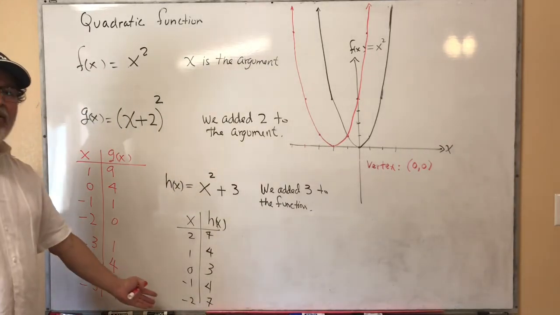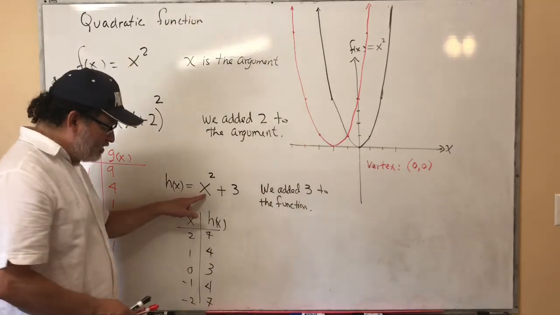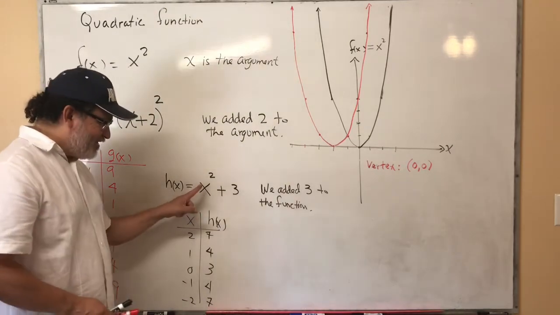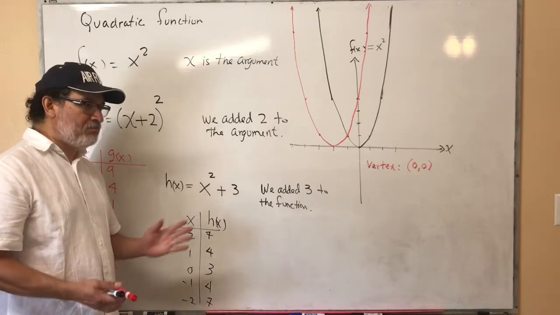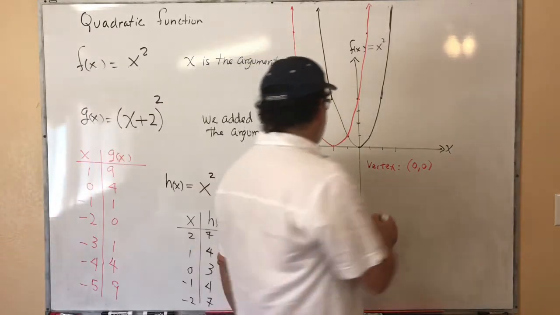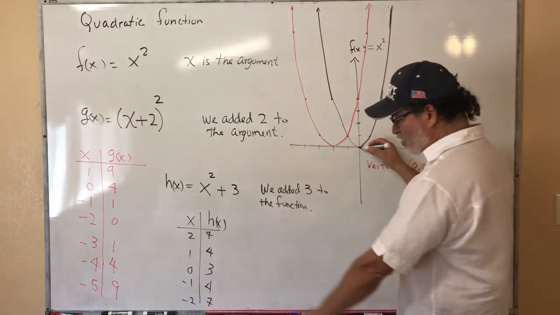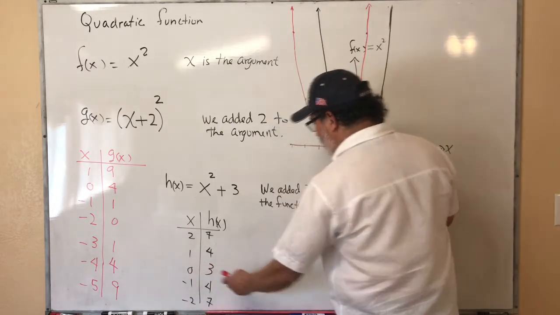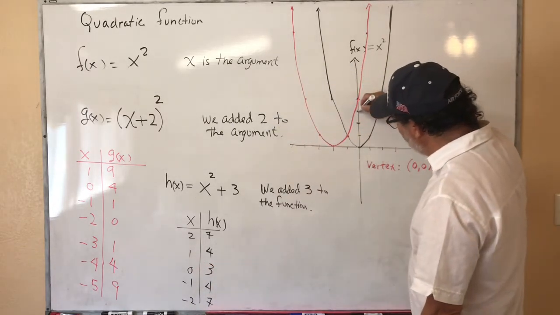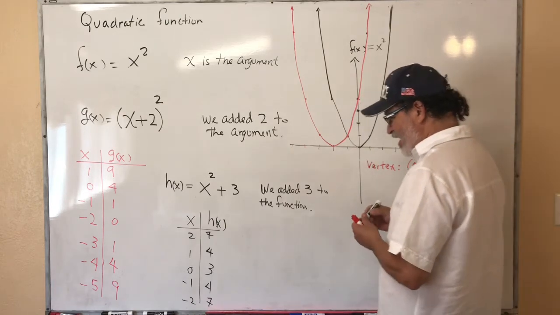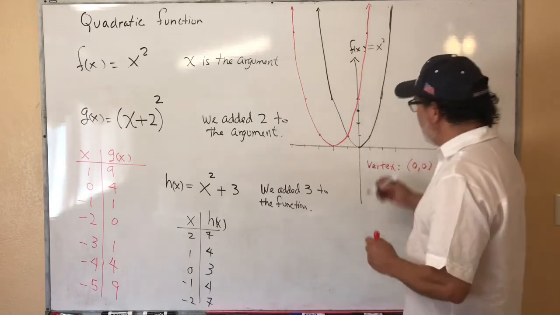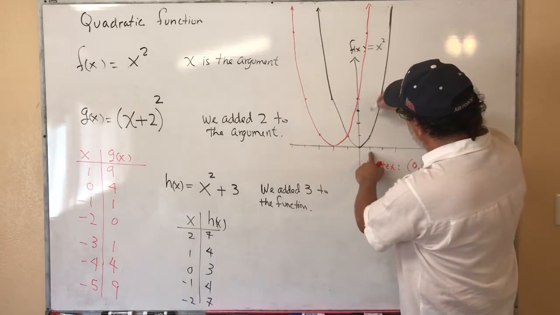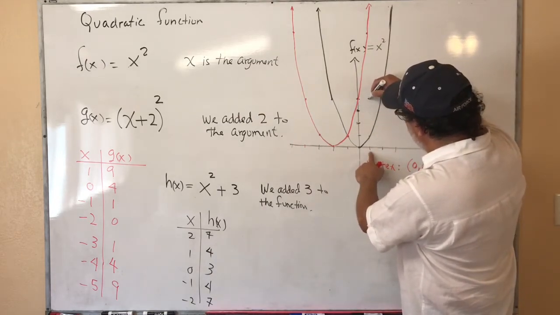Let's graph this now. This is going to be the basic parabola 3 units up. Watch this. If x is 0, we get 3 right there. If x is 1, we get 4 right there.